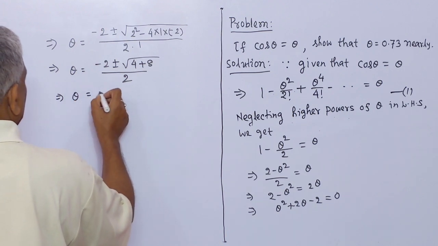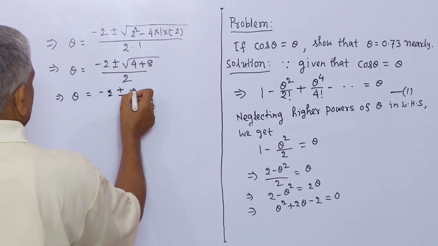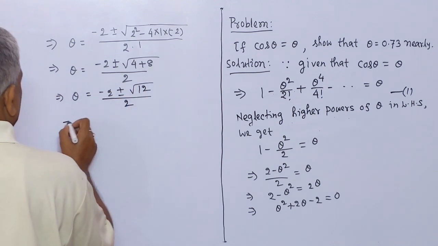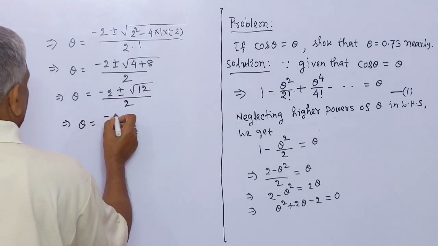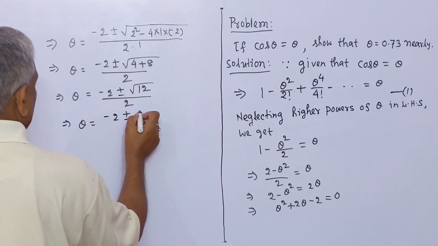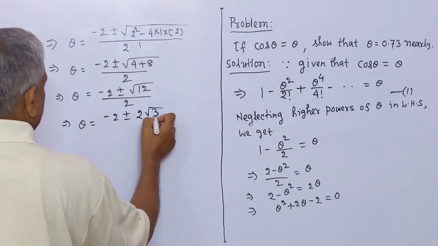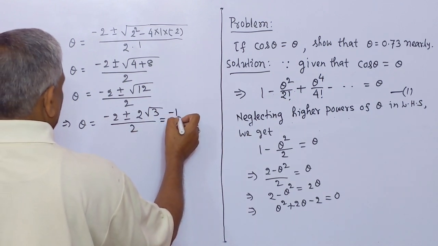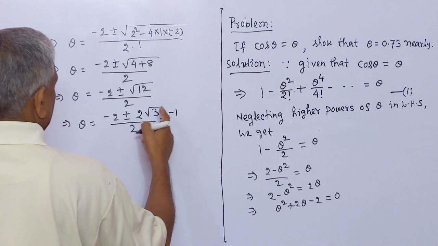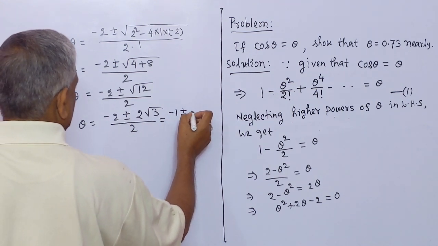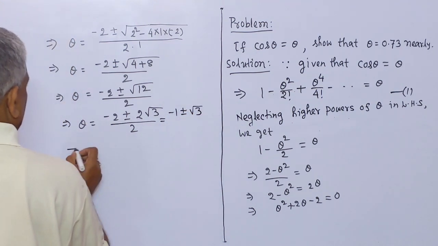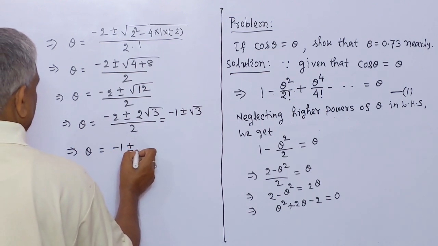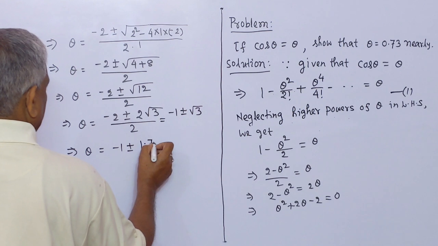Which implies that theta equals minus 2 plus minus square root 12 by 2, which implies that theta equals minus 2 plus minus 2 square root 3 by 2. This equals minus 1, dividing by 2, minus 1 plus minus square root 3, which implies that theta equals minus 1 plus minus 1.732.